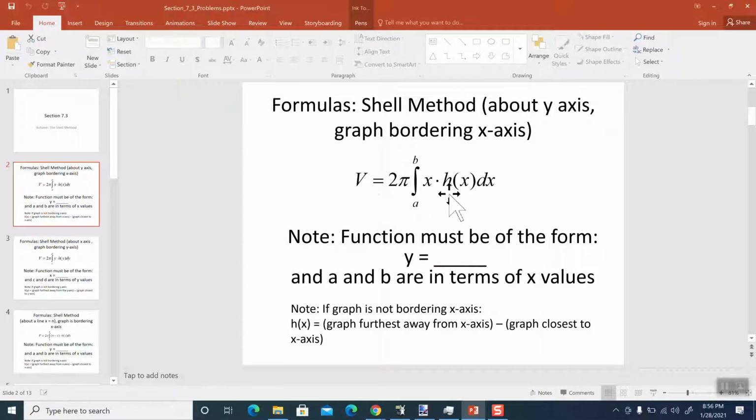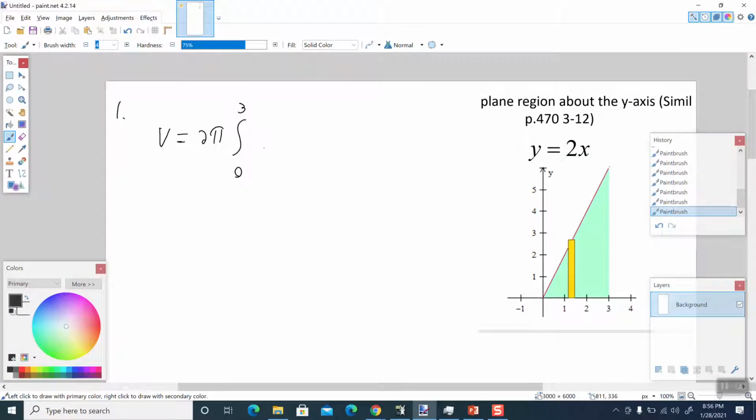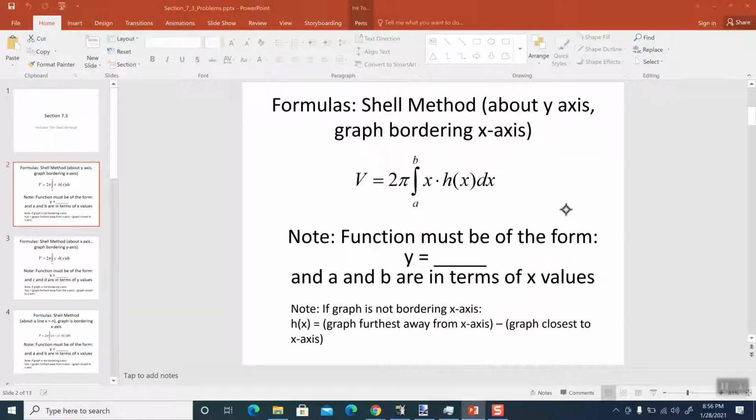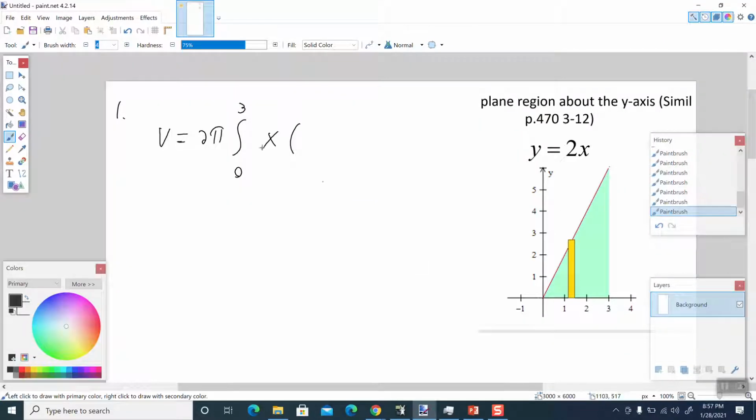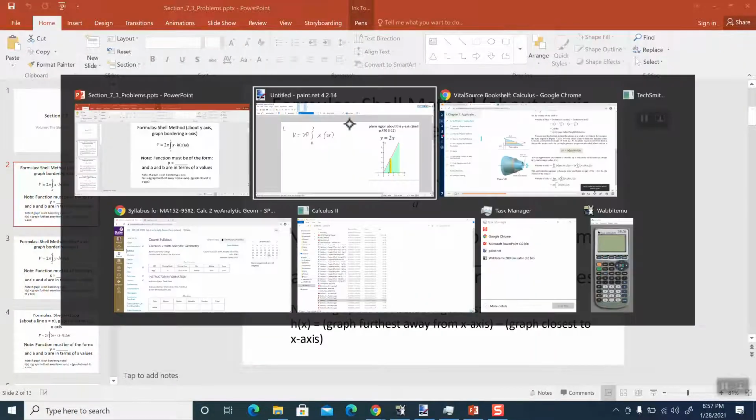And then we're going to have an x. This is truly x, so it's not a function or anything. It's just x, times h of x, which is our function, which has to be of the form y equals. And this is of the form y equals, so this would be 2x and dx.